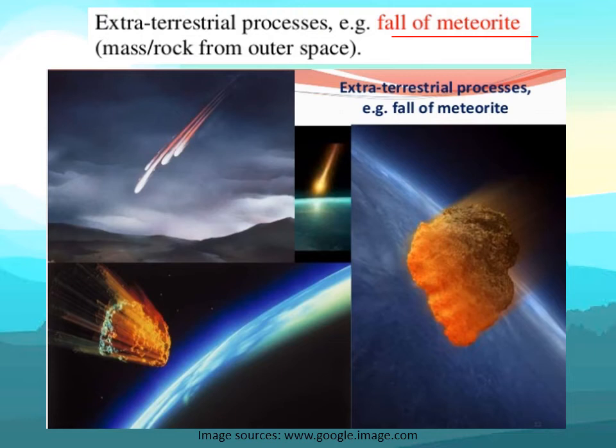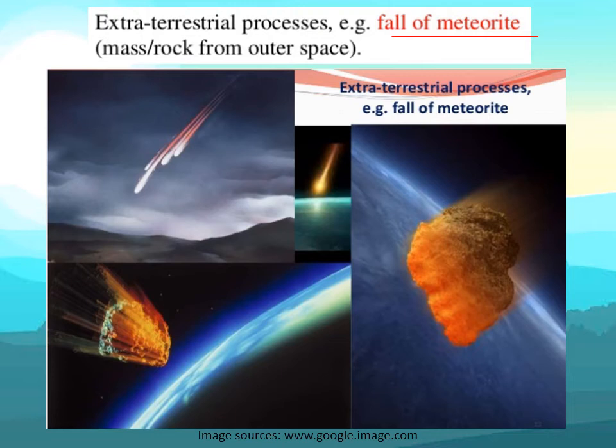Although in most cases, whenever a celestial body comes close to the Earth and enters the Earth's atmospheric field, it is burnt out, and very few extraterrestrial bodies basically impact the Earth's surface.